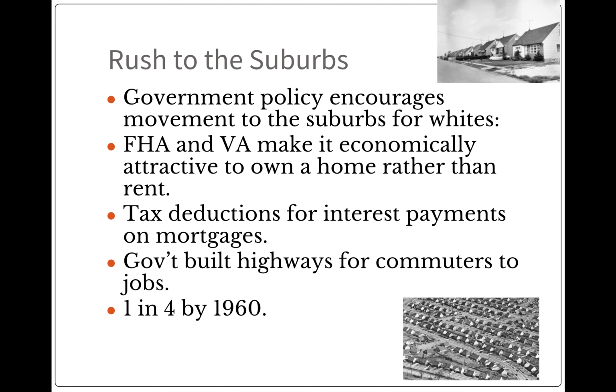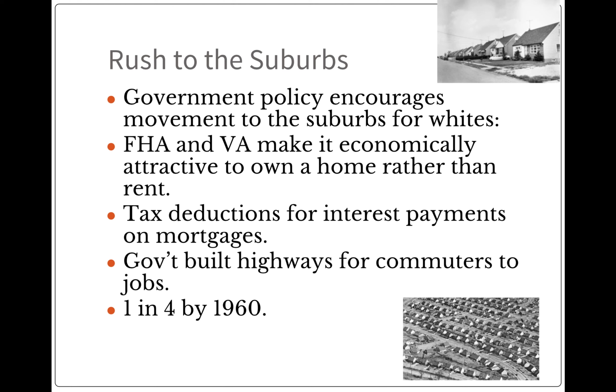There is a rush to the suburbs. The government policy of building these types of suburbs and providing loans to particularly white middle-class families led to what is known as white flight, where white middle-class Americans are leaving the cities for the suburbs. And the suburbs were basically cookie-cutter houses.